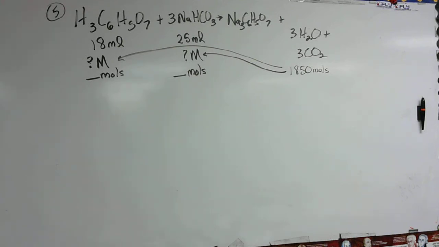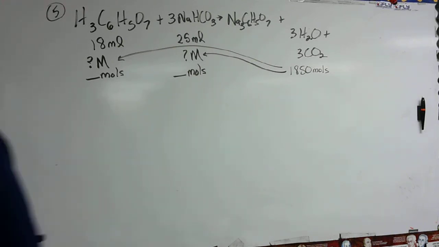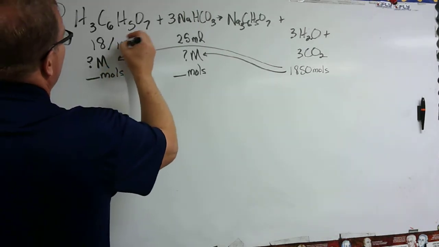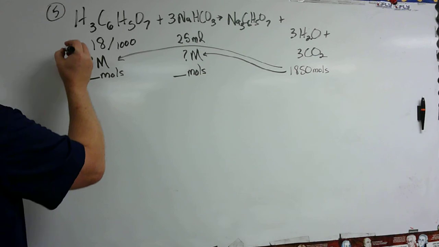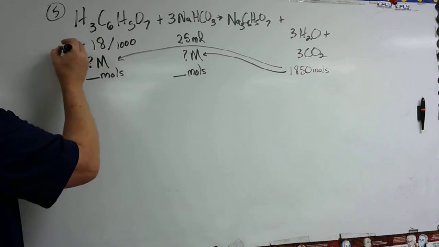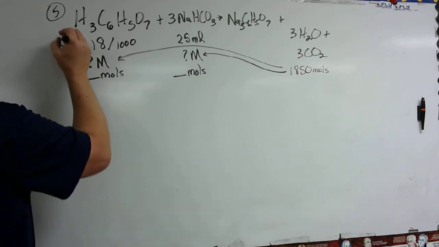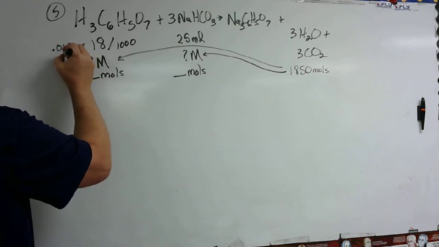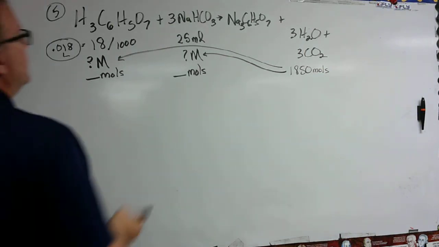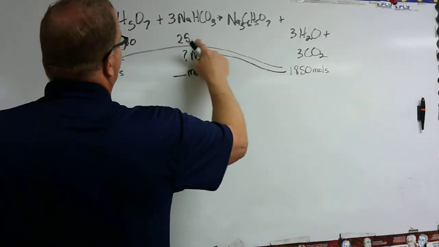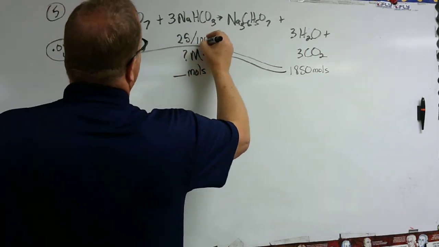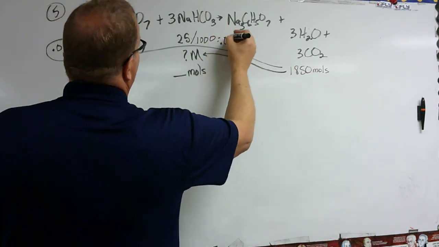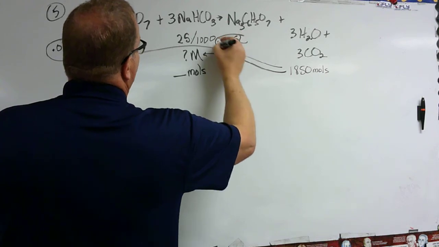Now again, you can go ahead and convert your milliliters to liters by dividing by 1,000. We can do that right at the very beginning. So we've got 0.018 liters. Do what's required. And then on this one, again, divide by 1,000, which is going to end up 0.025 liters.